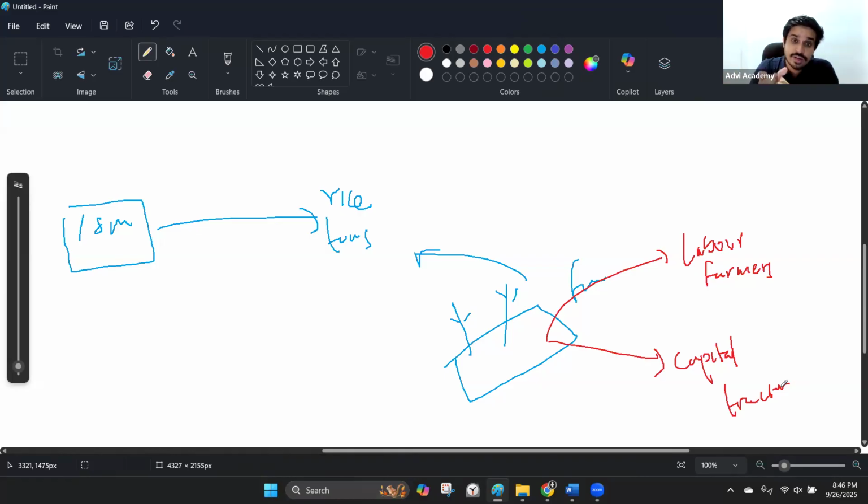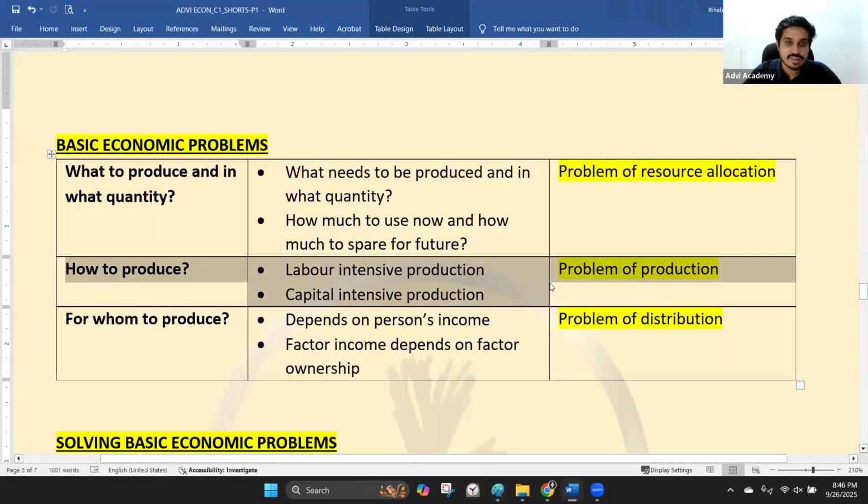Now they are so advanced, they are doing it using drones, flying up and down, putting the seeds, plowing the field, putting the water and stuff like that. It's crazy. So they are going for capital-intensive. Most of Sri Lanka goes for labor-intensive because we can't afford the capital-intensive production. So the problem of production is the second.